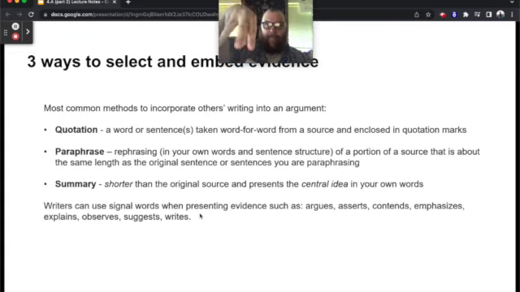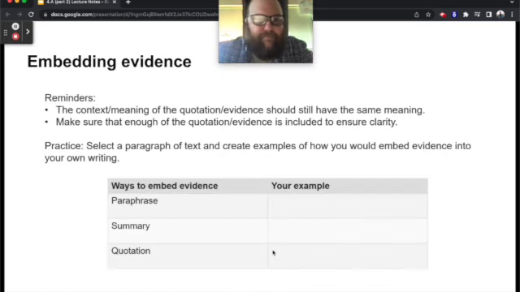You don't just drop a sentence in your essay, word for word. At the very least, you need to say, President Obama writes, quote, right? That's embedding. You have to do that, right? So those are the 3 methods that we're gonna look at, and I'm gonna show you examples of them. Okay.